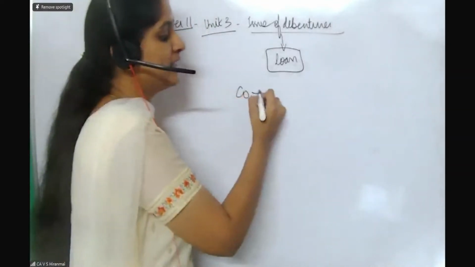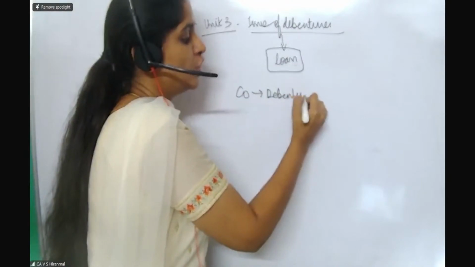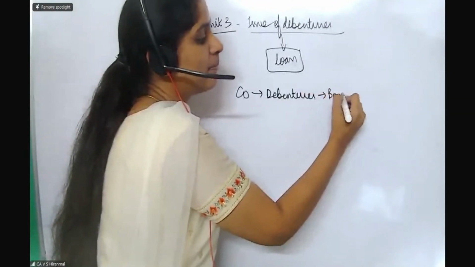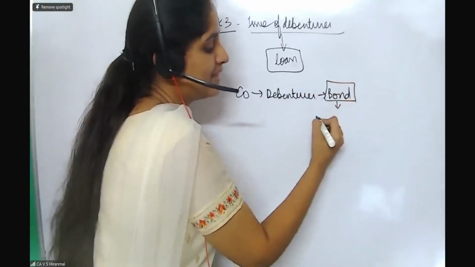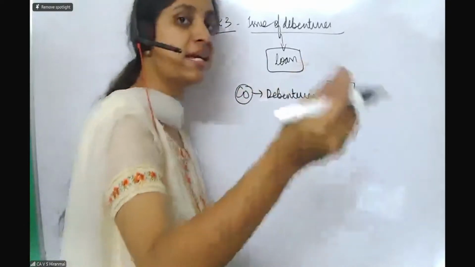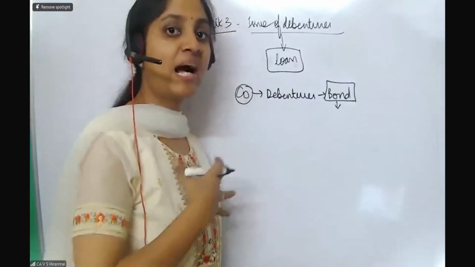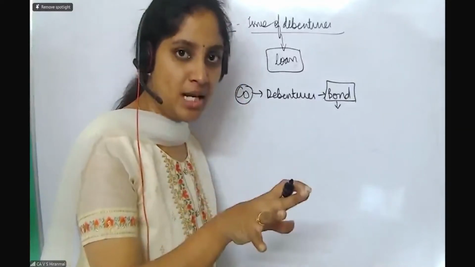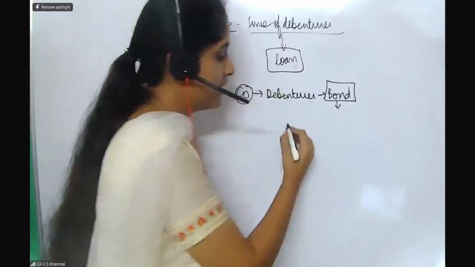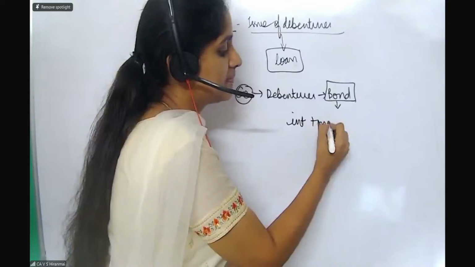When a company issues debentures, you need to understand it is like a bond. Bond means the company says, please take my debentures. Once you accept my debentures, the company becomes liable to pay the interest plus principal.